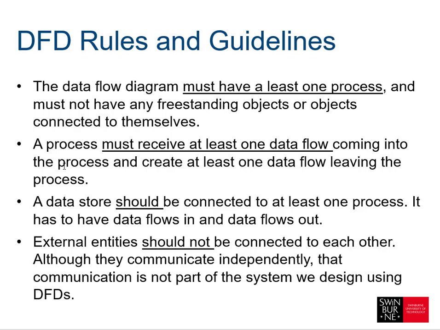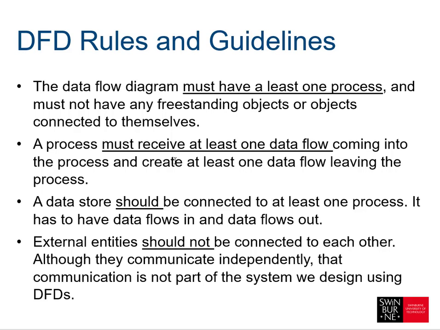Then the second rule: a process must receive at least one data flow coming into the process and create at least one data flow leaving the process. So when you create a data flow diagram, make sure each process has one flow inside and one flow outside, because the processes represent the processing of information, right?